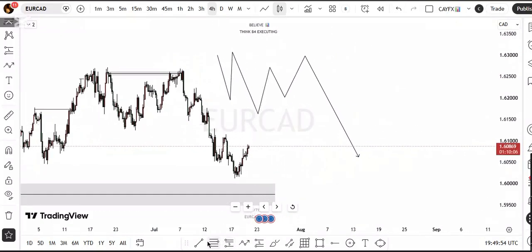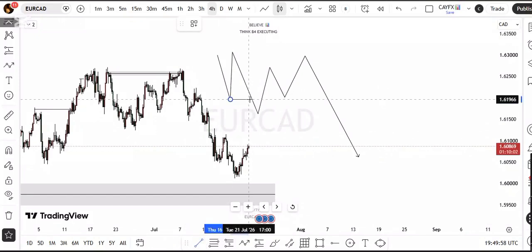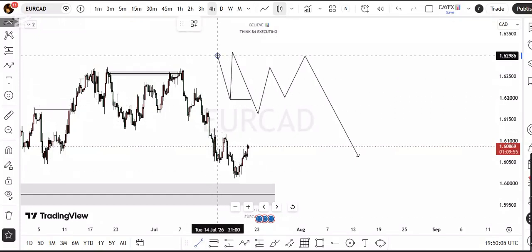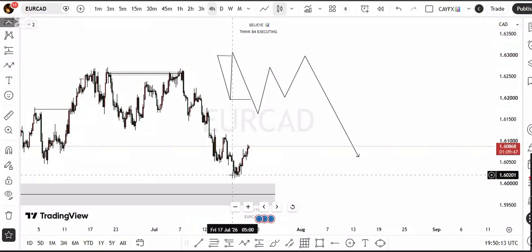Okay, so this is my entry model. Break of structure, give me a sweep, a liquidity sweep. These are my criteria that I must see before I enter the market. Then give me what?